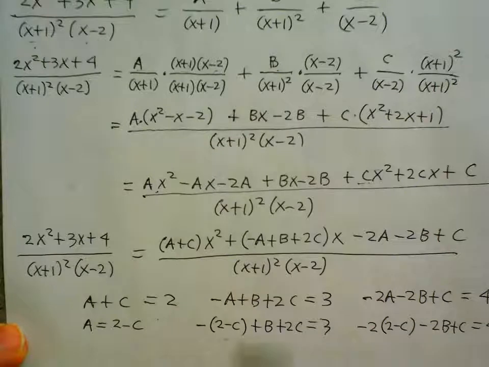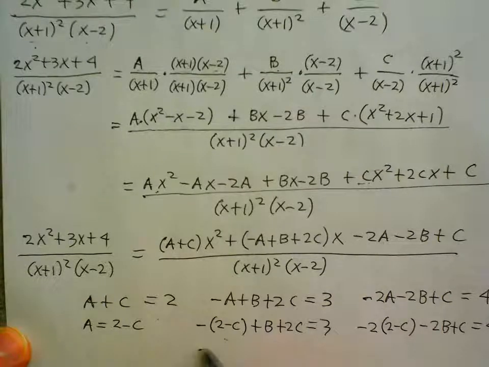When we get finished simplifying these 2 equations, we'll just have 2 equations in the variables B and C, so we can solve that system of 2 linear equations. But we have a little bit of algebra and arithmetic first. So negative 2 plus C plus B plus 2C equals 3.